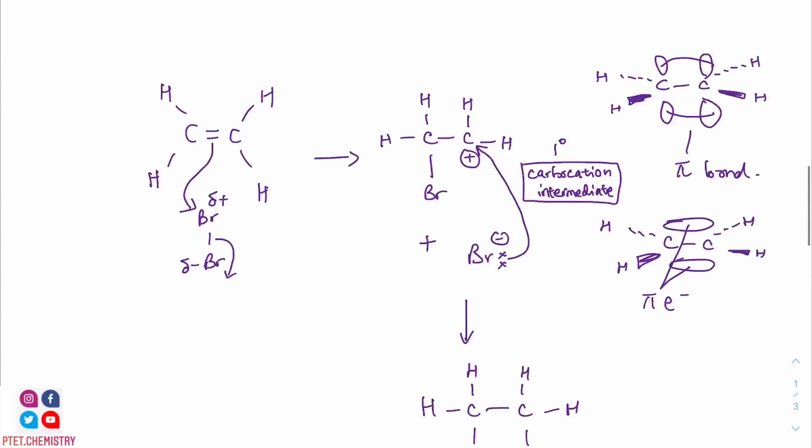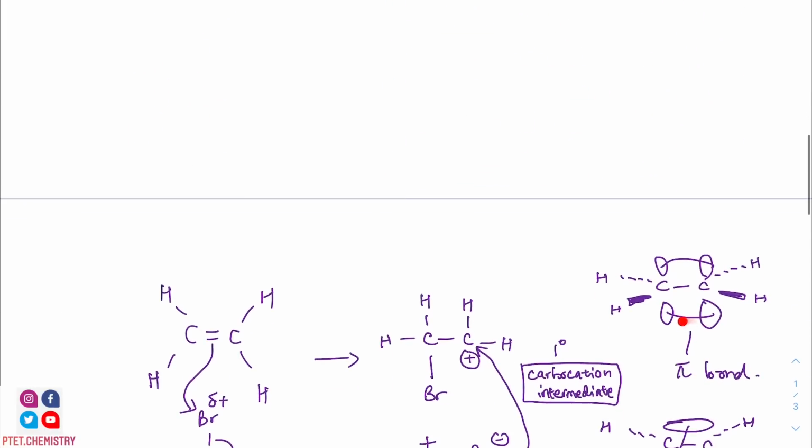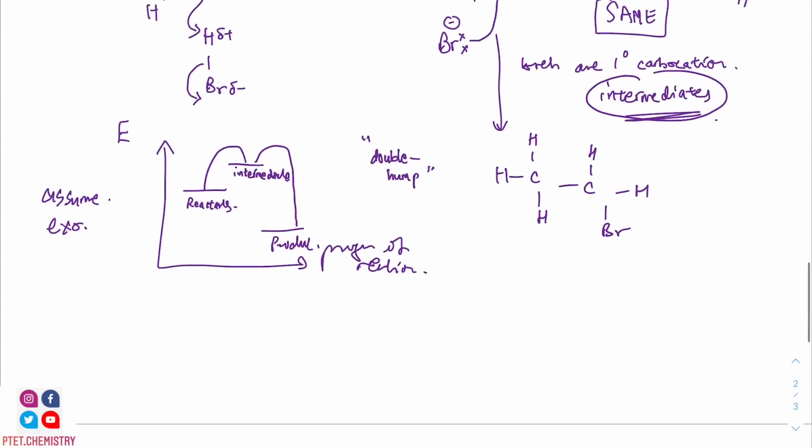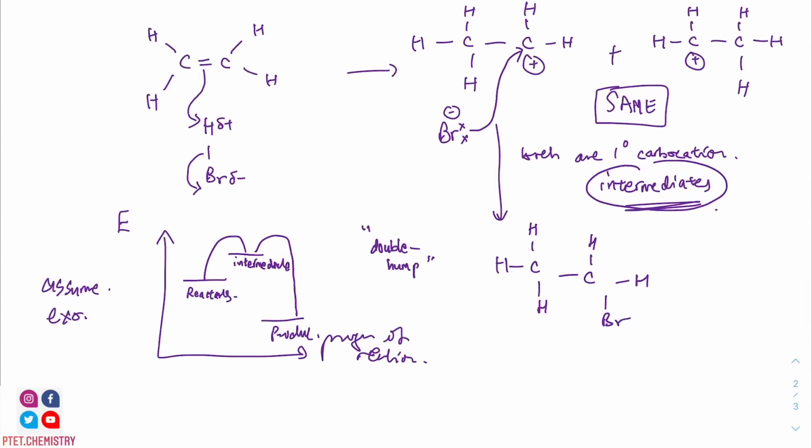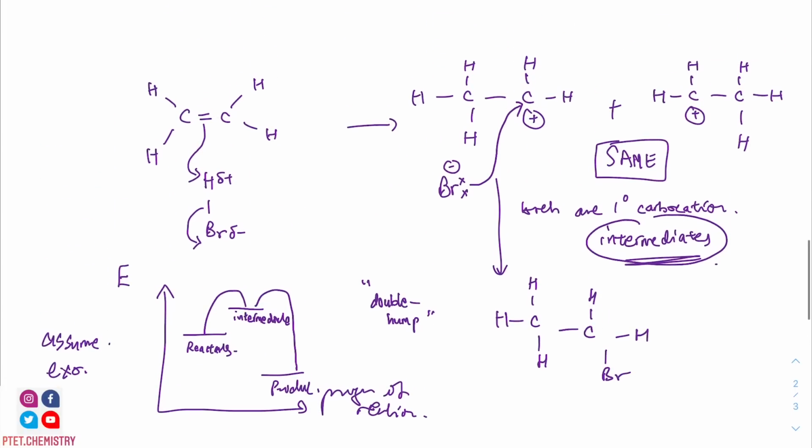The pi bond contains the pi electrons, which are rich in electrons, and they enable you to attack electrophiles like this and proceed via carbocation intermediate, where the delta plus atom can go to either of the two carbon atoms. Here they are the same carbocation because they are the exact same intermediate, so there's no difference at all. Therefore both of them will give you the same product, which is just bromoethane. This is the electrophilic addition mechanism.